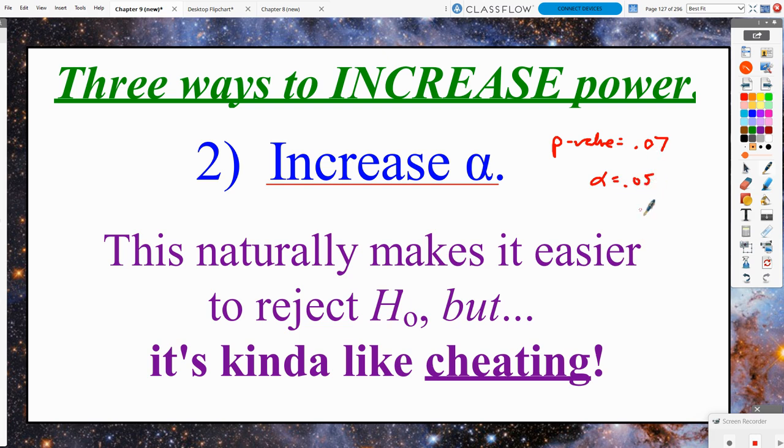Well, the p-value is not less than alpha, so we fail to reject. But what if we said the alpha level was really 10% instead? Well, now 7% is less than 10%. Now we get to reject the null hypothesis. But do you see how that's kind of like cheating? Whatever the p-value is, you can always make the alpha level greater than it so that you're naturally going to reject the null hypothesis. So again, I would call this the cheater's way of increasing power.